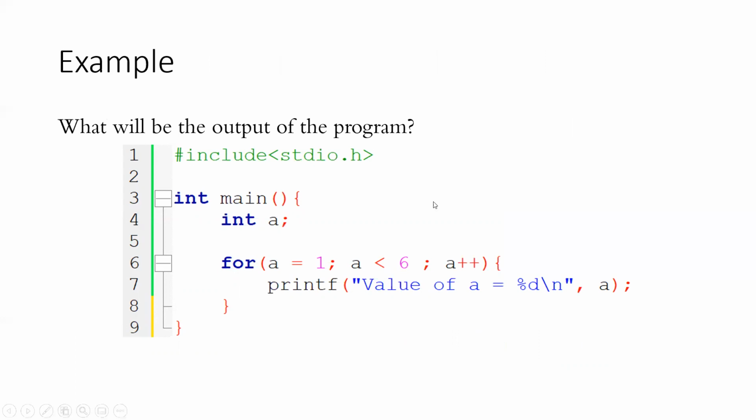We initialize a variable a, which will serve as our loop control variable, and then our for loop has three expressions separated by semicolons: the initialization, the condition, and then the update. Our condition is that while a is still less than 6, we continue printing its value.